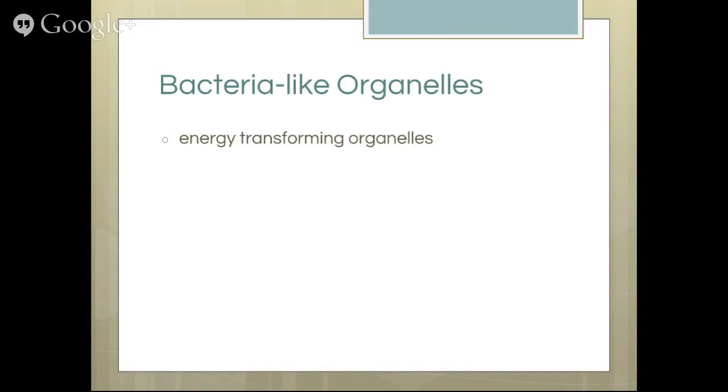The thing that kind of ties all these organelles together, other than being bacteria-like, is that these are the organelles responsible for energy transformations. They're going to do the conversion of food into energy, or from sunlight into sugars in plants. So they're all going to be related to this energy transformation.